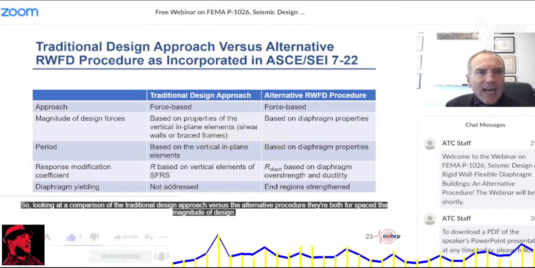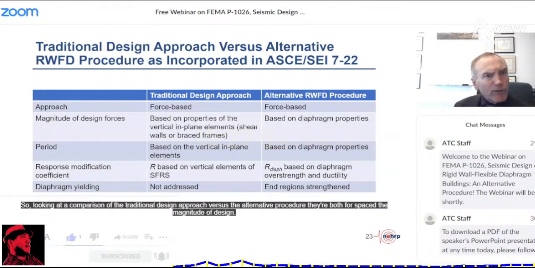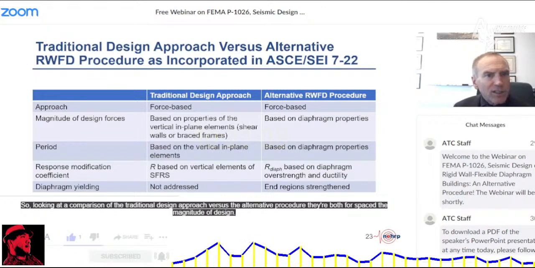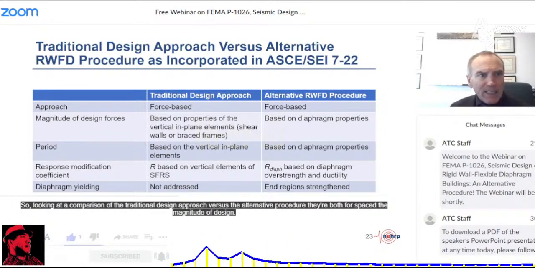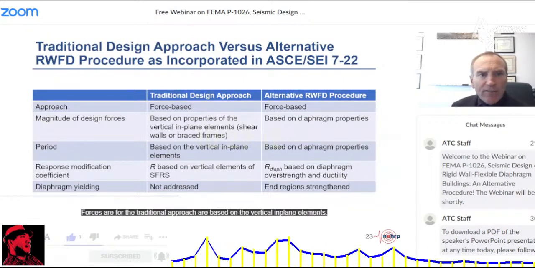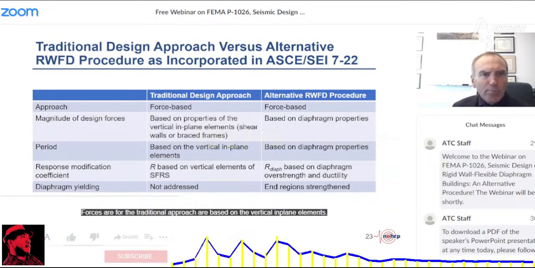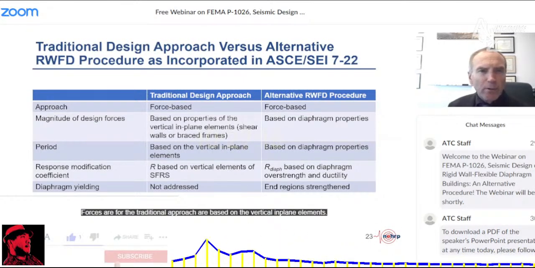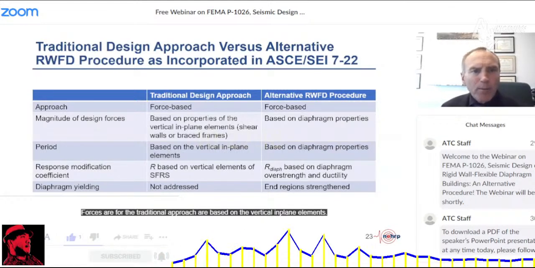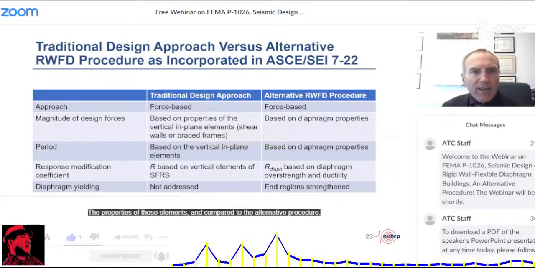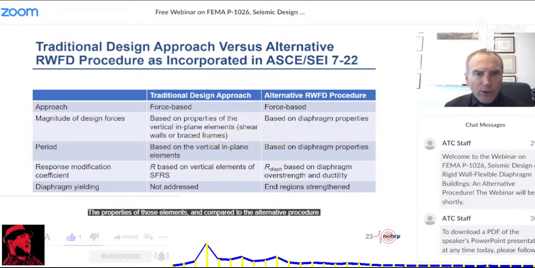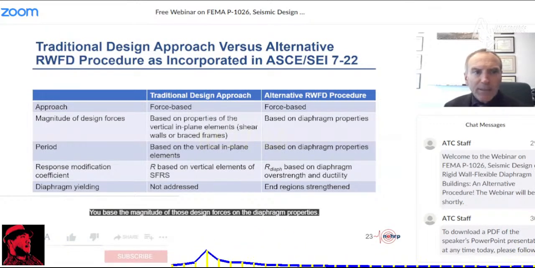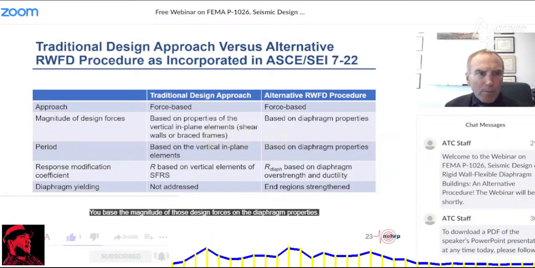So looking at a comparison of the traditional design approach versus the alternative procedure, they're both force-based. The magnitude of design forces for the traditional approach are based on the vertical in-plane elements, the properties of those elements, and compared to the alternative procedure, you base the magnitude of those design forces on the diaphragm properties.